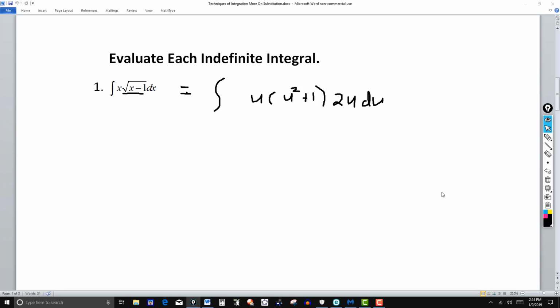Now this is fairly easy to integrate. We just multiply through, so this will be 2u times u squared, so this will be 2u to the 4th plus, okay, multiplying by 2u, here it's u, and then another 2u, that'll be 2u squared.